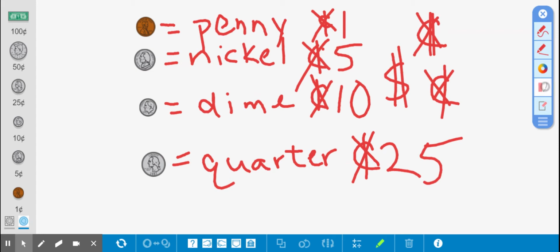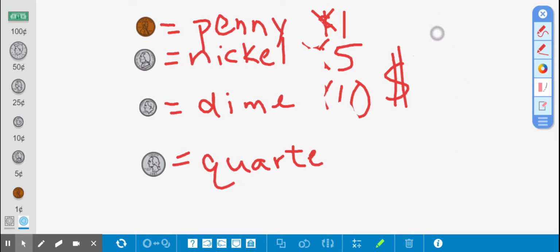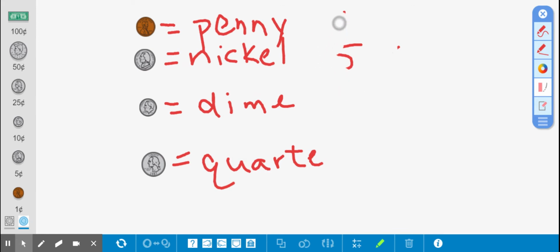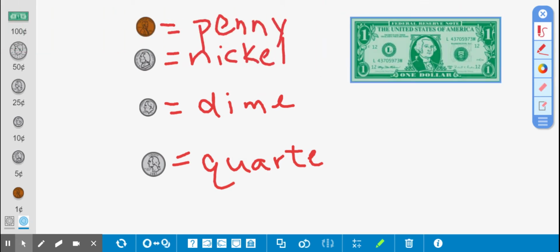So here's what we're going to do. Let me get rid of the numbers and symbols I use to represent each one of these. Now, we are going to represent money with the dollar being the whole number.